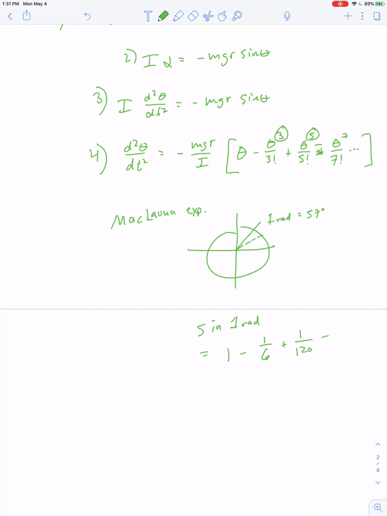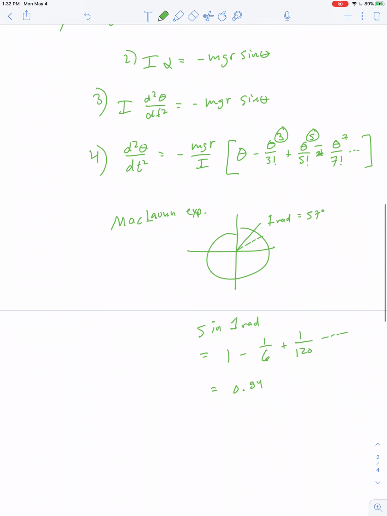So we end up with a value that's, I'm not going to apply the whole expansion, but if we use our calculators and just take the sine of 1 radian, we get 0.84. But let's try smaller angles.